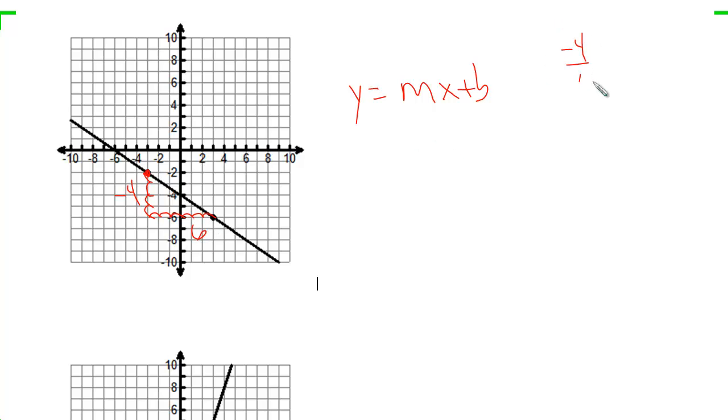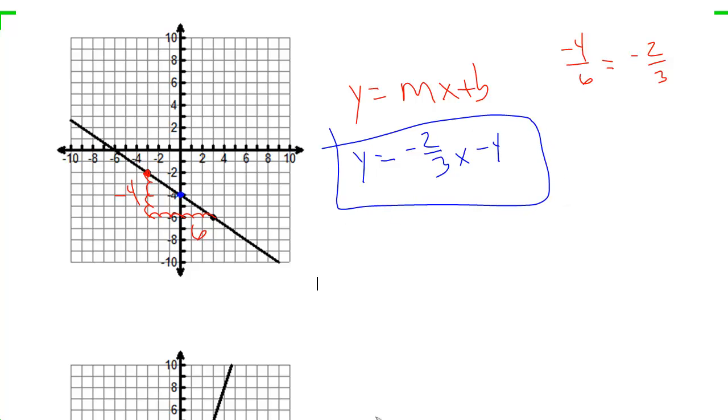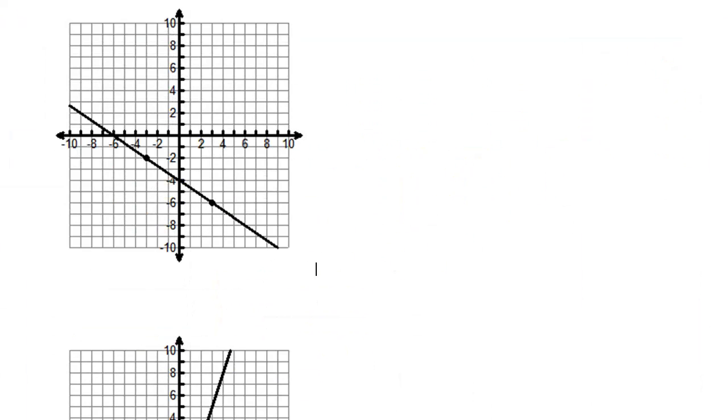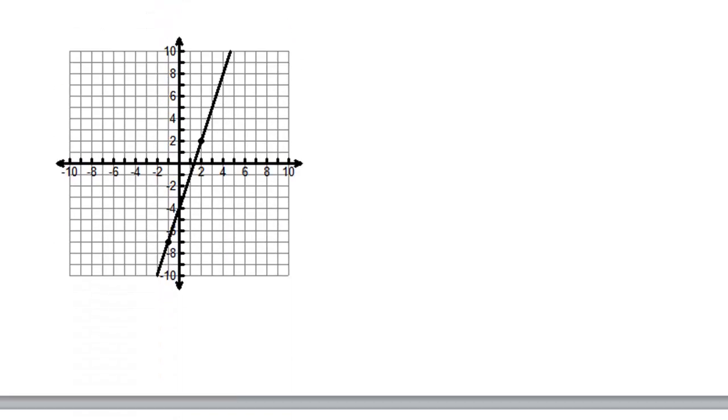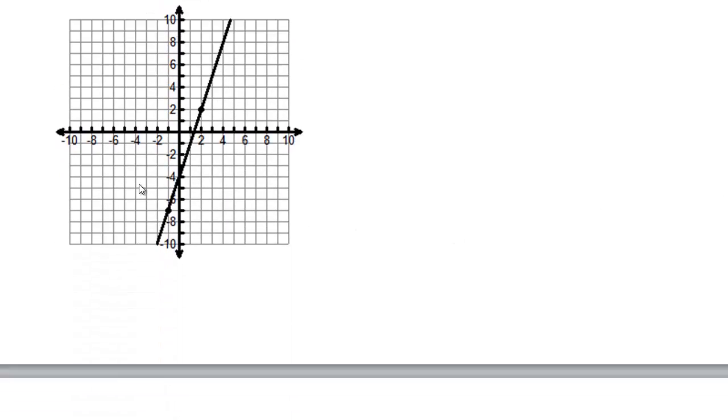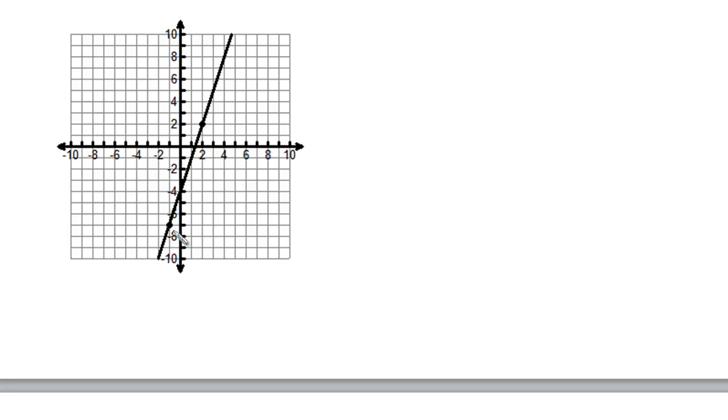So that's -4/6, which is -2/3. There's my slope. And it looks like it crosses right at -4. So when you have a graph, it's very easy. You just look at where it crosses y, how much up or down, and over to get to the next point on my line.